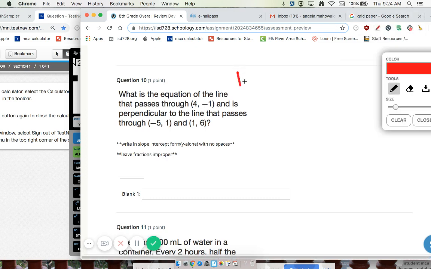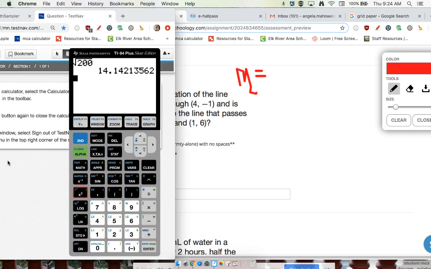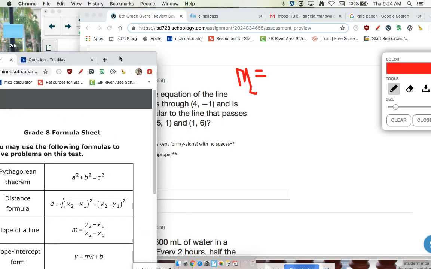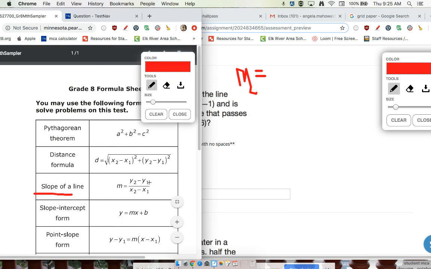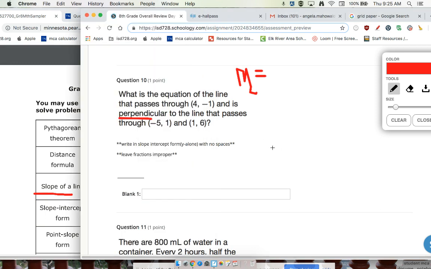So the first thing I need to do is figure out what my slope's going to be. Since it's perpendicular, you flip it and make it the opposite sign. If you forget about slope, I have 2 points there, and the slope of a line is equal to y minus y over x minus x.